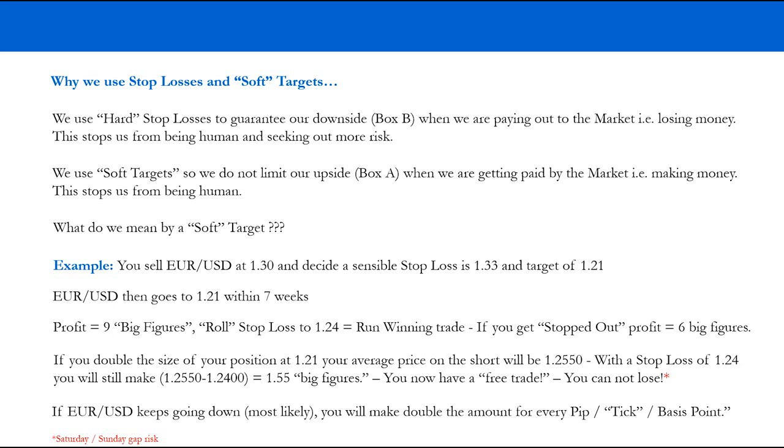So we may enter a soft target of, say, 120 or 130, and if it actually trades there, so if we're disciplined enough or not too busy and can actually know that it's traded there, then we don't have to obviously enter an order.